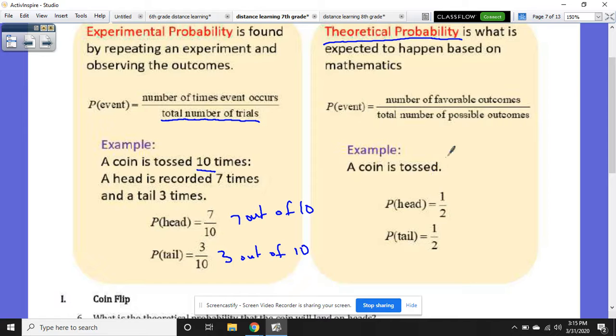If you have a coin, there are only 2 sides, one side is heads, one side is tails. So you have a 1 in 2 chance of getting heads and a 1 in 2 chance of getting tails. Pretty simple. So you have half a chance of getting heads, half a chance of getting tails. This experiment didn't really match up with the theoretical, but technically those are your odds, 1/2.